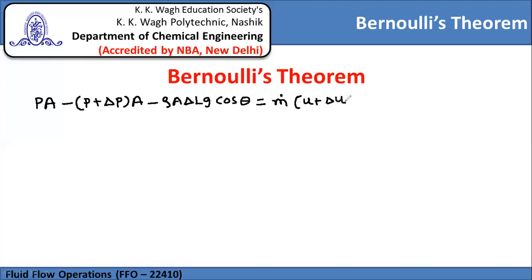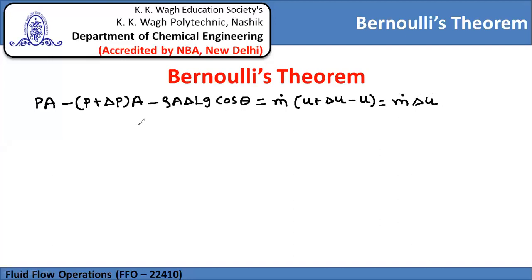This is the final velocity minus initial velocity, that is u. As the velocity term has a positive sign and a negative sign, the effect will be 0, and this will reduce to m dot delta u.